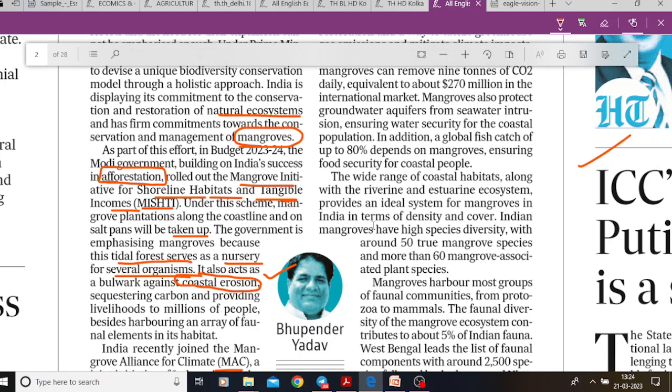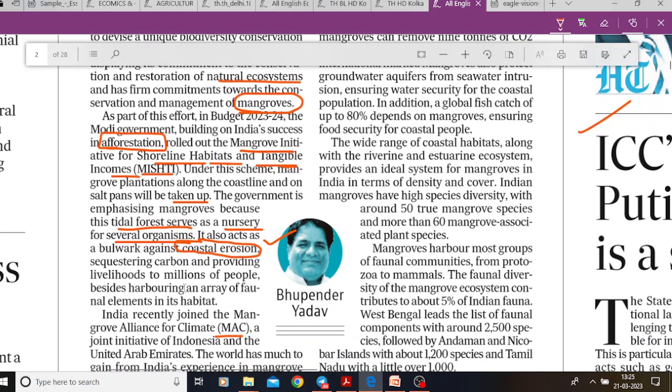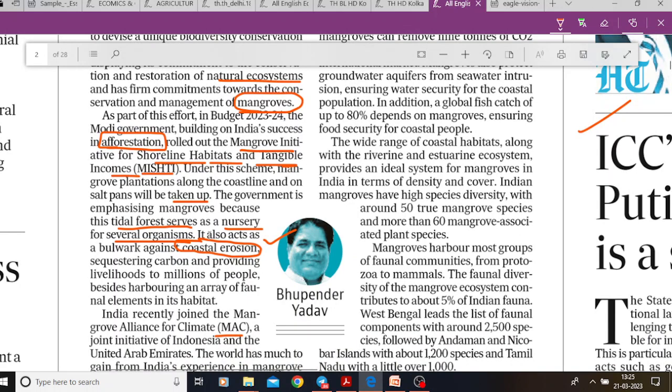So to prevent that from happening, so that the frequency of coastal erosion, or the frequency of flooding becomes lesser, it is also an initiative. And also, as I mentioned, besides coastal erosion, it can sequester carbon, that is, it can store. Sequester means store, right? Store carbon, carbon sink, and providing livelihoods to millions of people, besides harboring an array of faunal elements in its habitat.